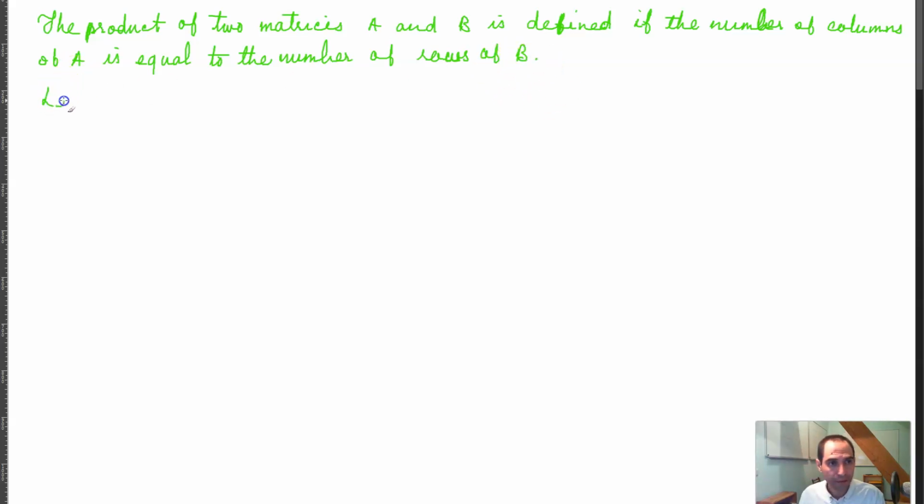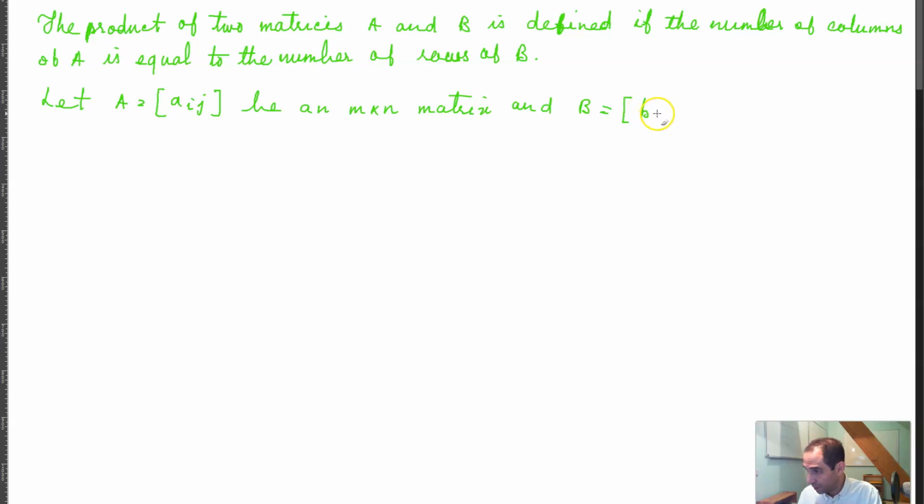Now let A be equal to, for example, A of ij, an m by n matrix, and let B be equal to B of jk, an n by p matrix.